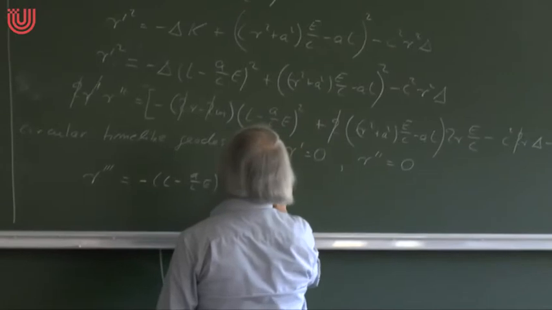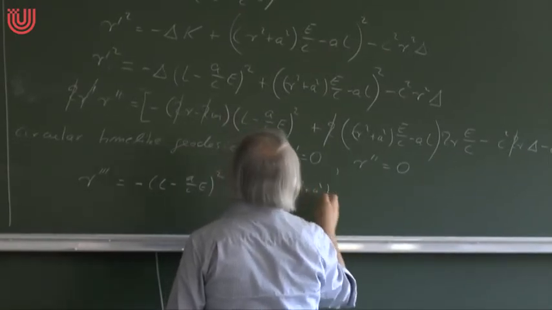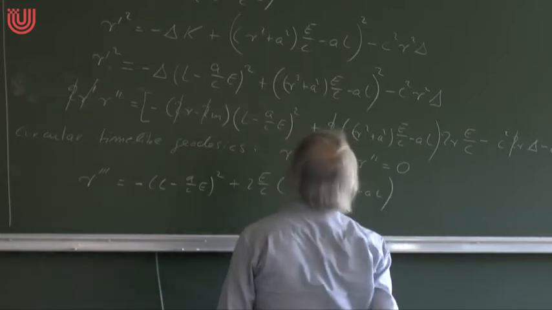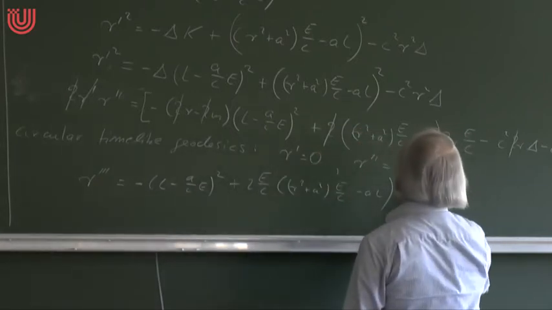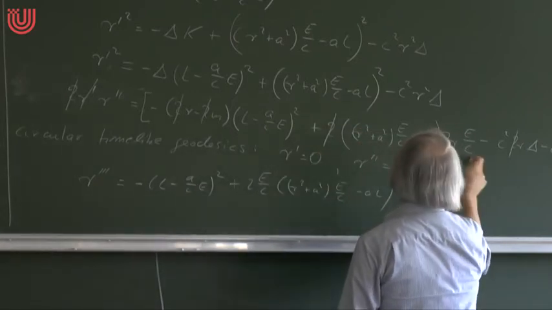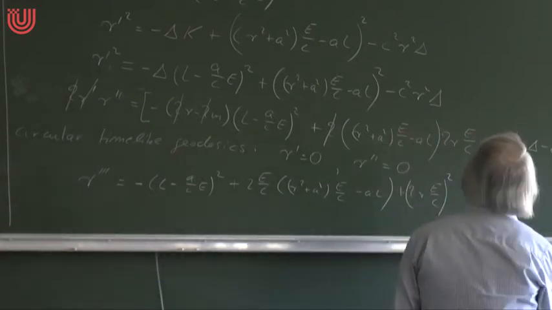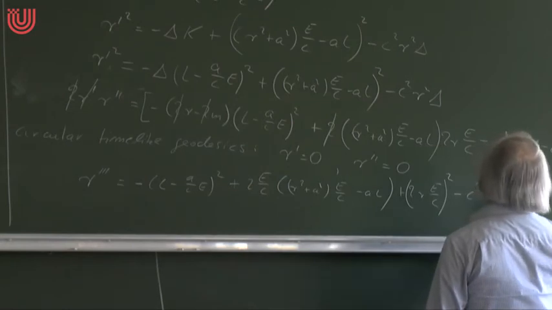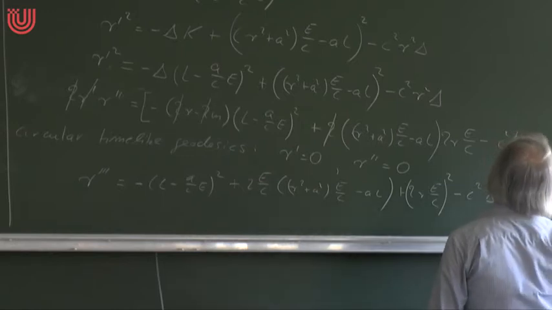Then I have 2 E over C R squared plus A squared E over C minus AL. Then I have to differentiate this here. Plus 2R E over C, and the same thing again. So everything squared. And here I get minus C squared delta minus C squared R times R minus 2M.